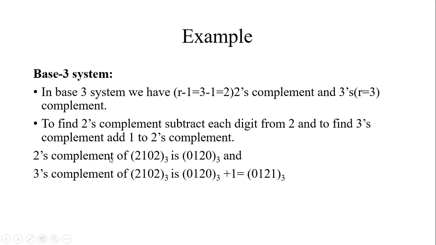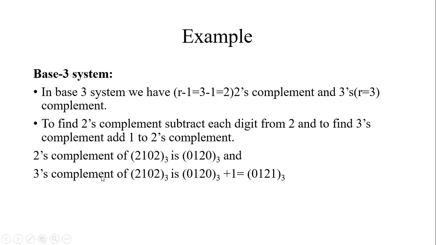For example, 2's complement of 2102 in base 3 is 0120. So 2 minus 2 is 0, 2 minus 0 is 2, 2 minus 1 is 1, and 2 minus 2 is 0. So 0120 is the 2's complement in base 3 of this given number.